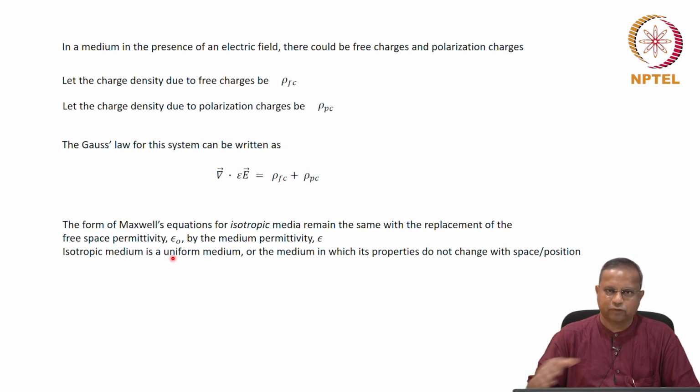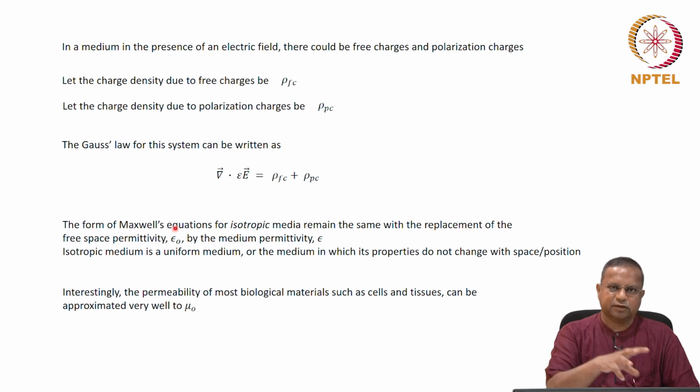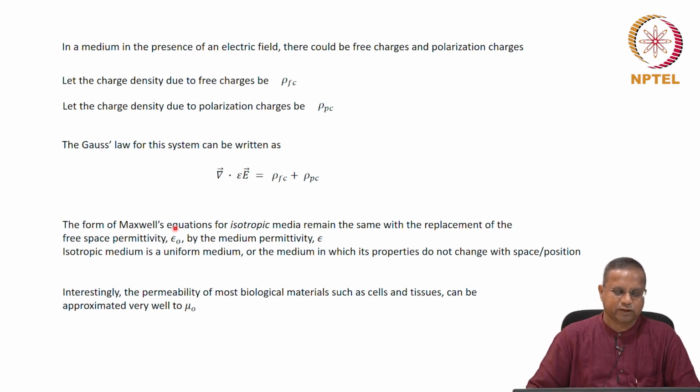An isotropic medium is a uniform medium. There are no changes with space of the medium properties, or the medium in which the properties do not change with space or position. Interestingly, the permeability of most biological materials, such as cells and tissues, can be approximated well to mu naught. So the permittivity epsilon takes care of the electrical modifications, from an electrical viewpoint.